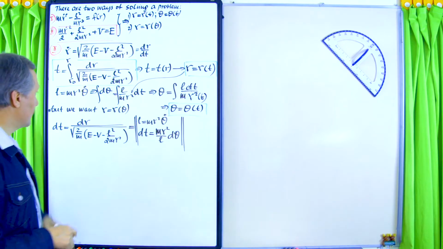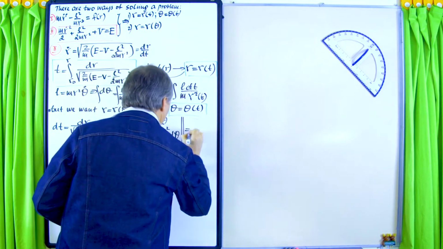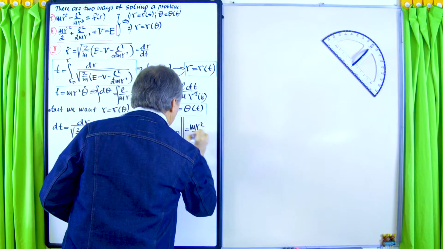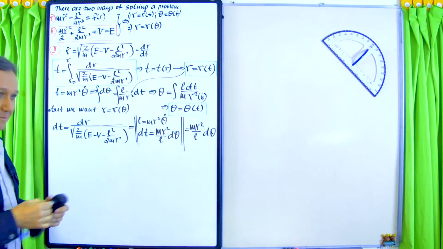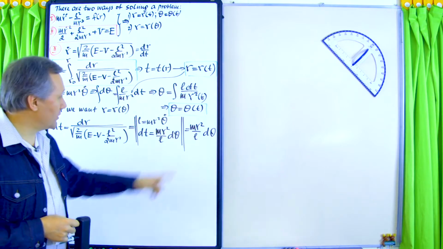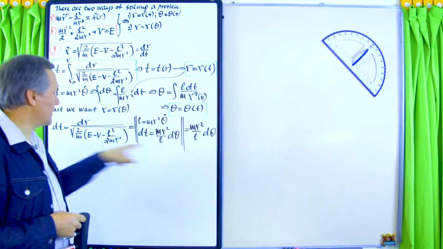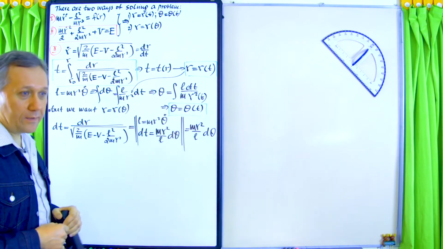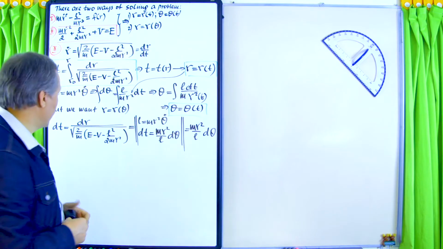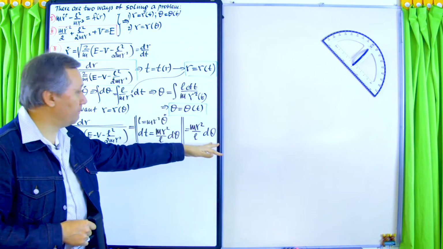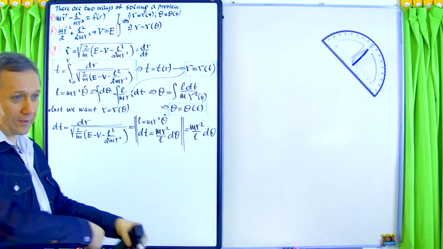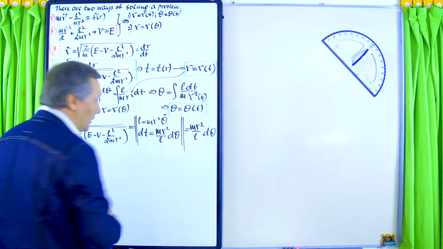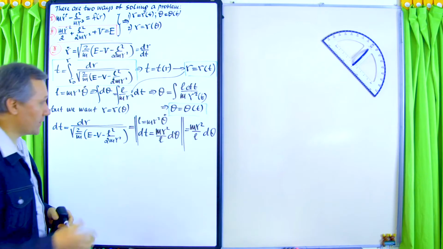So we can write that instead of dt. Let's move this to that side, and we can get an integral for theta as a function of r. If you take the integral, you can invert it to get the dependence of r as a function of theta.